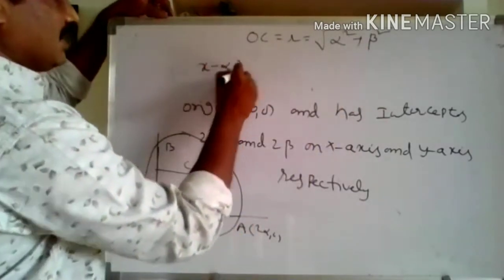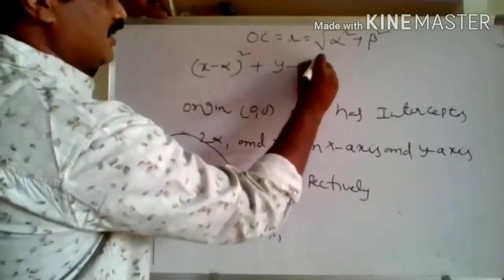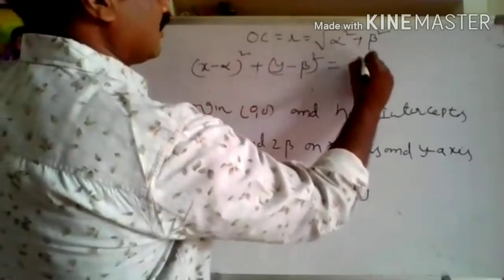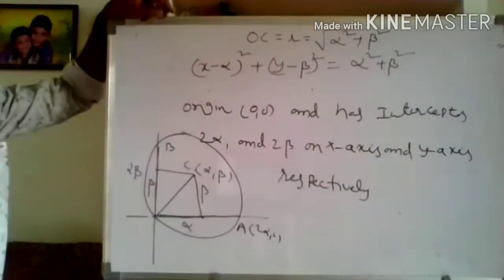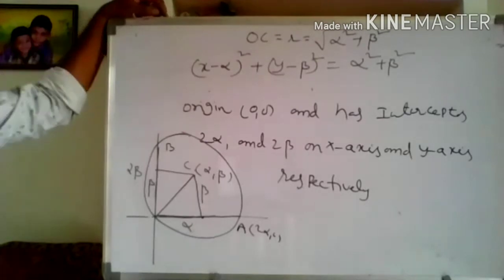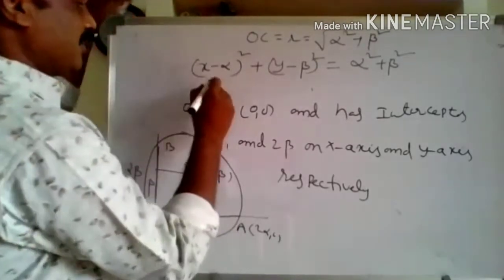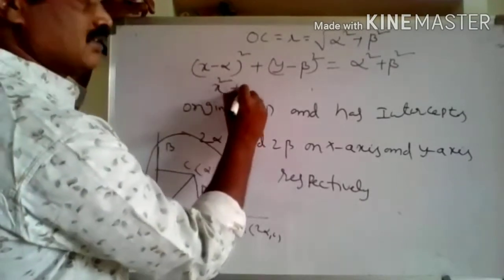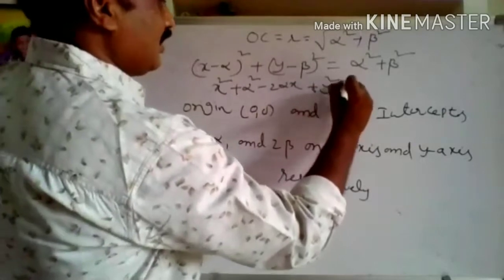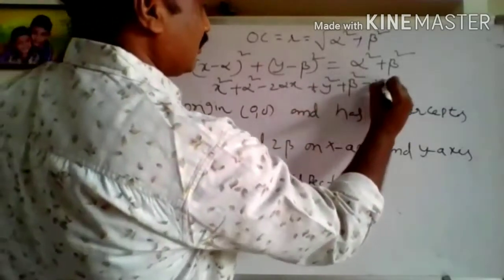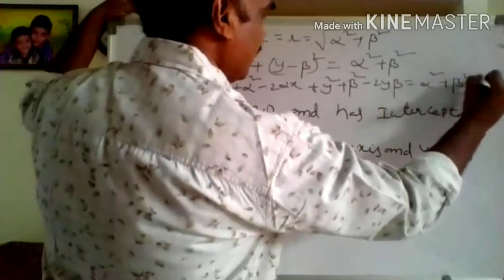The equation of the circle is (x minus h) whole square plus (y minus k) whole square is equal to r square. So r square is equal to alpha square plus beta square. (x minus alpha) whole square is x square plus alpha square minus 2 alpha x. (y minus beta) whole square is y square plus beta square minus 2 y beta, equal to alpha square plus beta square.